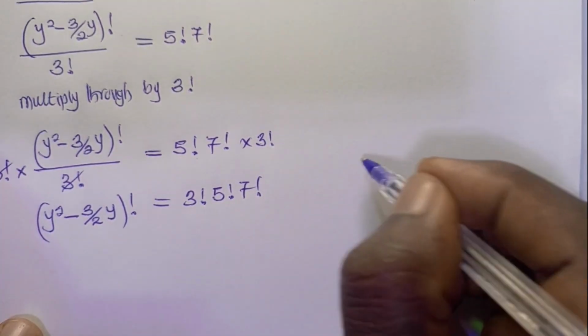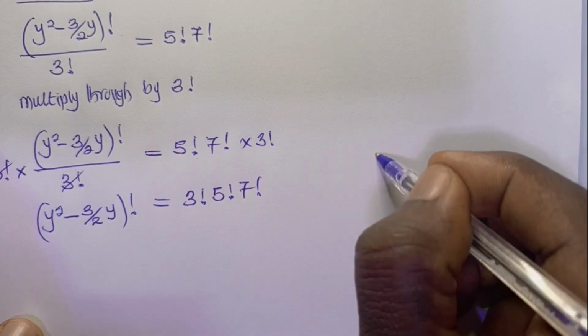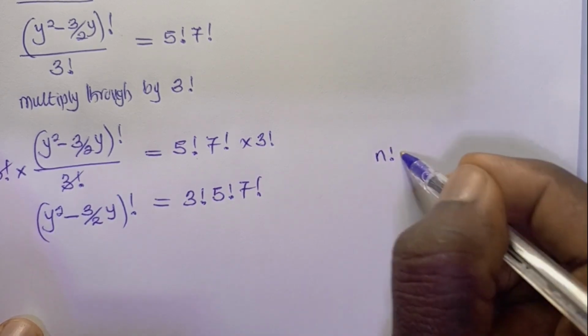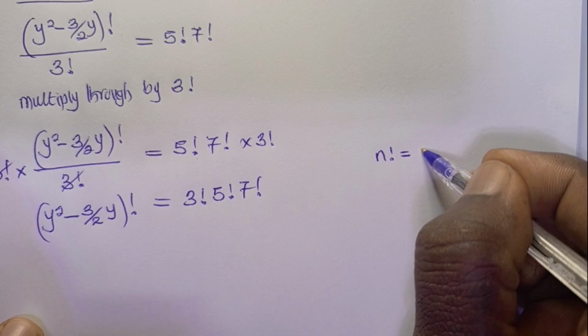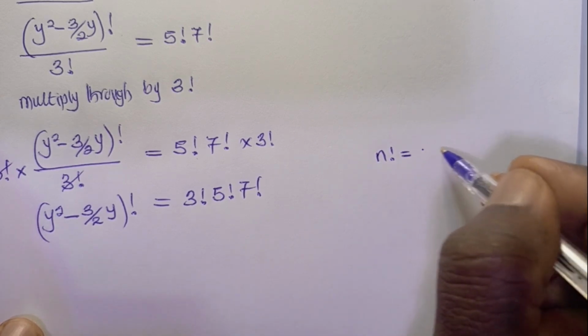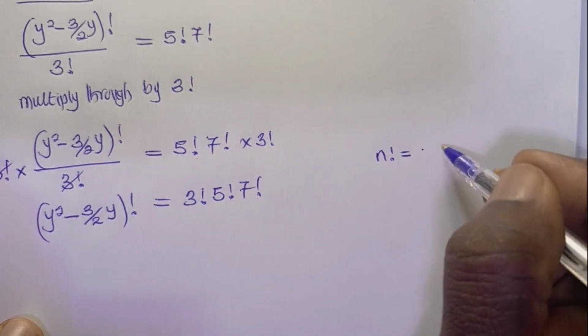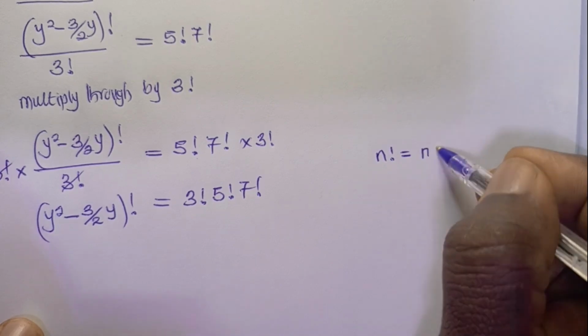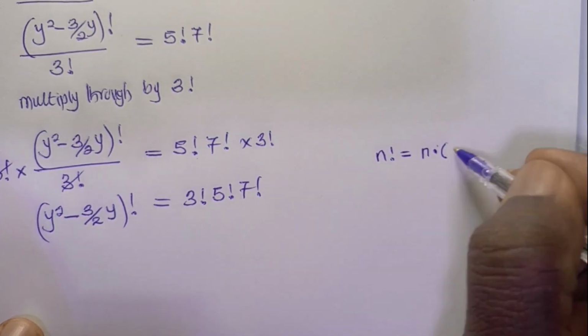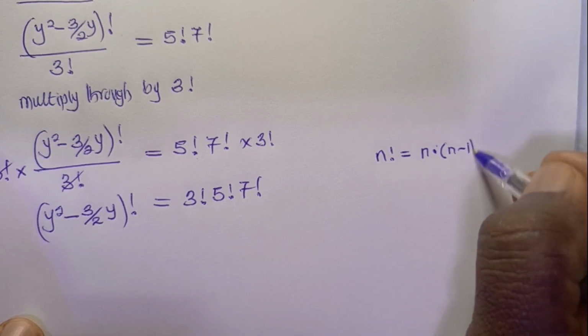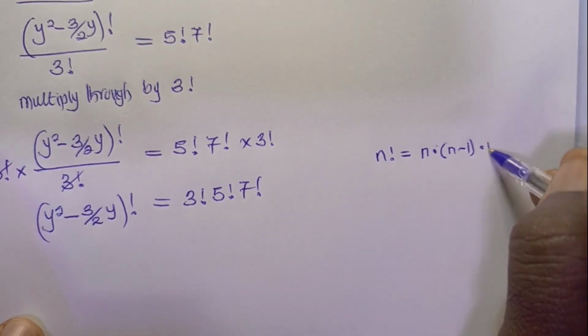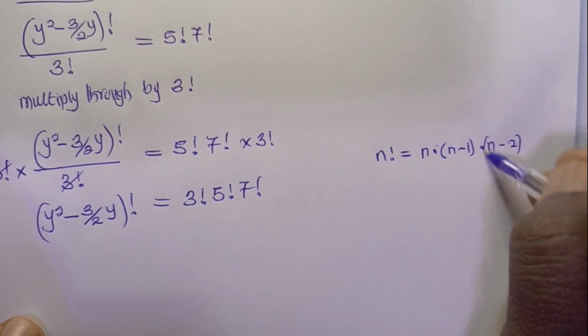Note that when we say n factorial, what it simply means is that we have the product of n from its value down to 1. So n! is n multiplied by n minus 1, multiplied by n minus 2, down to 1.